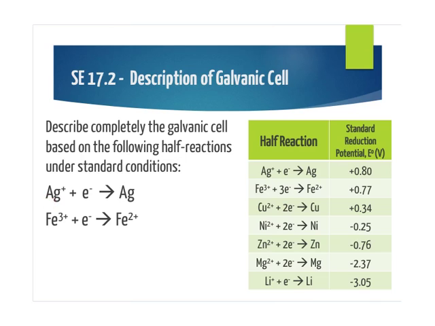If I look at silver on this chart, the reduction potential is 0.80. If I look at iron on the chart, the reduction potential is 0.77. Now they are very close, but one is still higher than the other. So since silver has a higher reduction potential, it is more likely to be reduced. And since iron is a little bit lower, it's going to be oxidized.